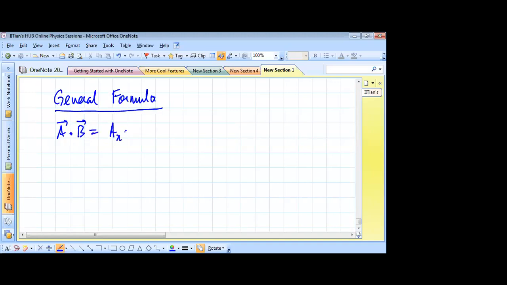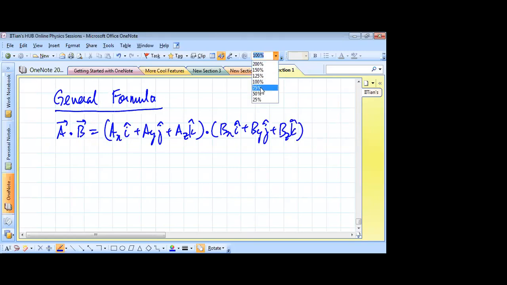So this is AX I cap plus AY J cap plus AZ K cap, dot product with BX I cap plus BY J cap plus BZ K cap. Okay. Now, when opening this, keep in mind what is happening.